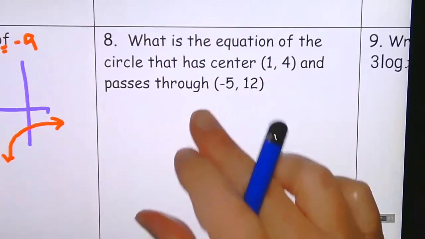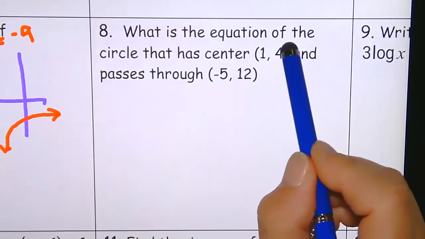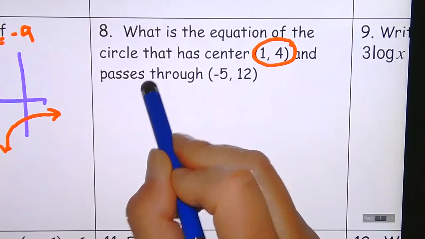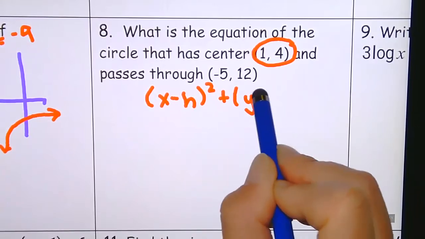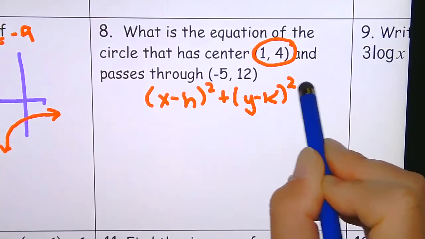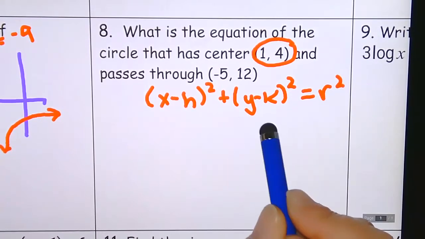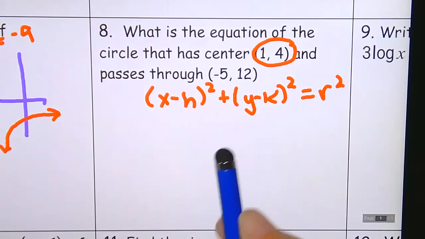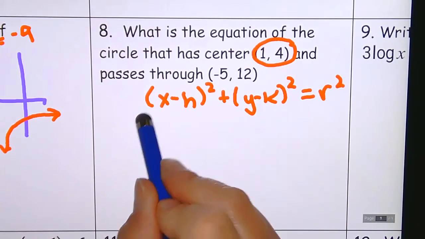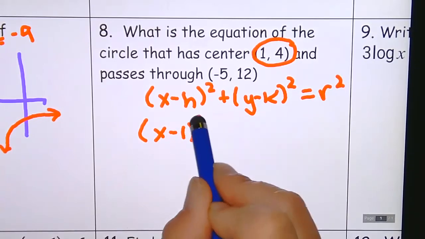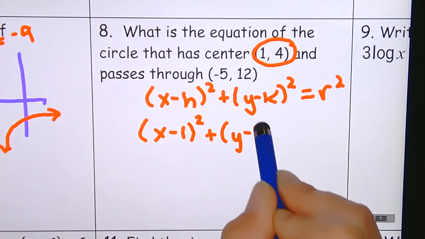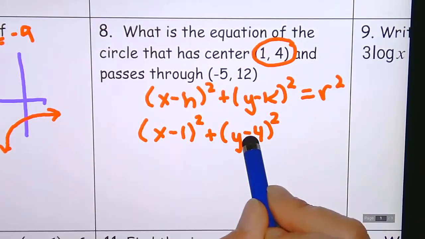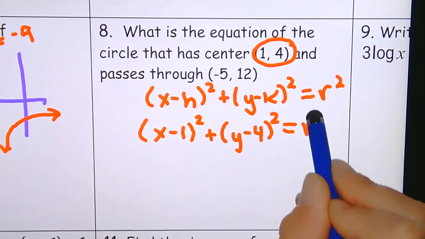On number 8, what is the equation of a circle with this center? A circle is x minus h squared plus y minus k squared equals your radius squared. h and k are your center. So since my center is 1, 4, I'm going to have x minus 1 squared, because 1 would make this 0, plus y minus 4 squared, again because 4 would make this 0, equals r squared.